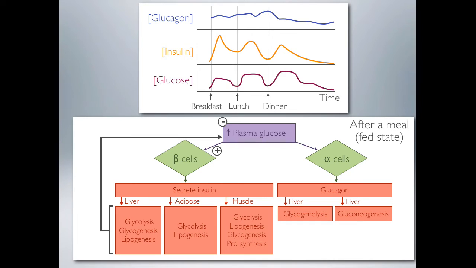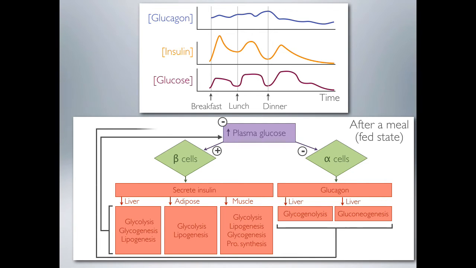All right, again, this is right after you've eaten. The alpha cells' job is to deal with what happens after you haven't eaten in a long time, so they are inhibited at this time. All of those efferent actions that you see under the alpha cell diamond are going to be inhibited, and as a consequence of less of all of that, it too has a negative effect on plasma glucose.